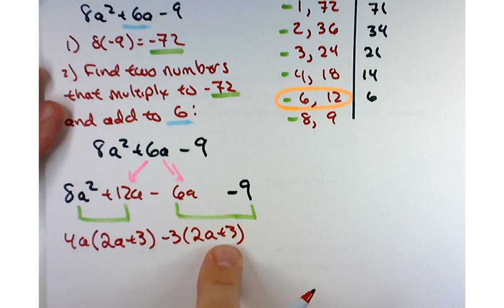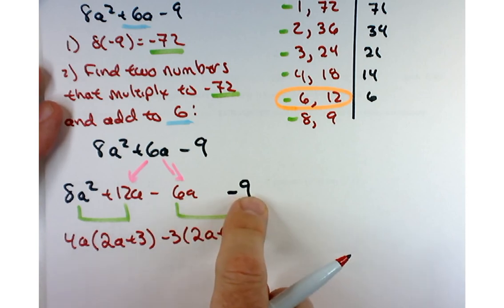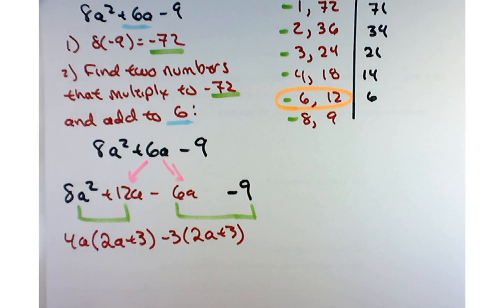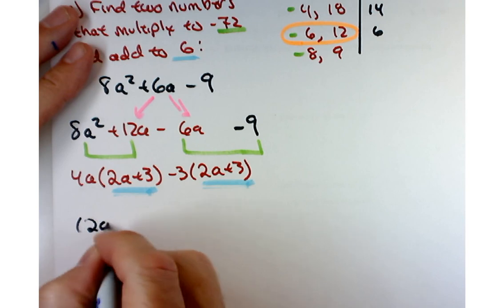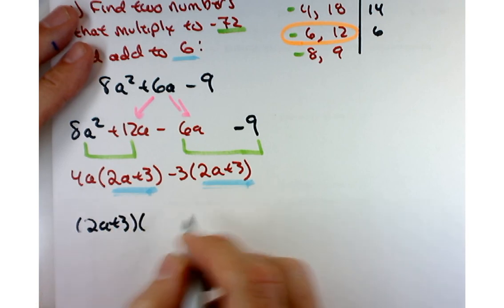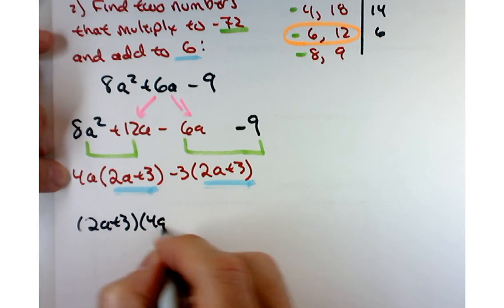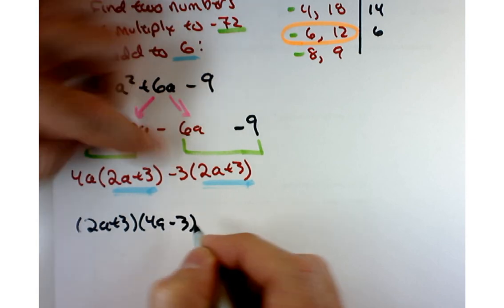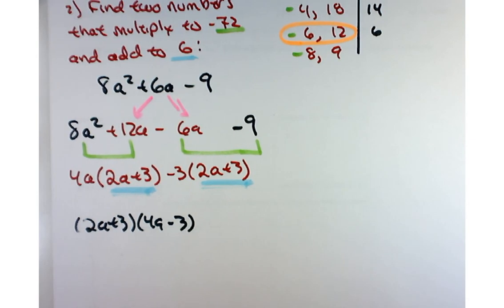If you distribute the -3, you'll get exactly this right here. That's good news. Thanks for the help there, Colby. These match. So that means it's the greatest common factor, and you can factor that out. It'd be 2a plus 3, leaving behind a 4a minus 3. And that's your factorization.